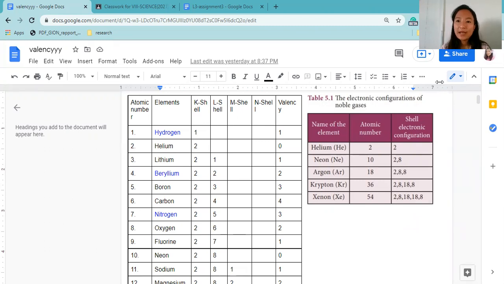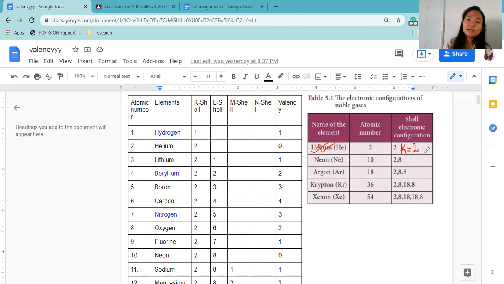So first, let's look at helium gas. Let's look at its electronic configuration. In helium gas, the K shell, the last shell, has 2 electrons. Note that this gas is stable due to this electronic configuration, right? There are 2 electrons in its last shell.